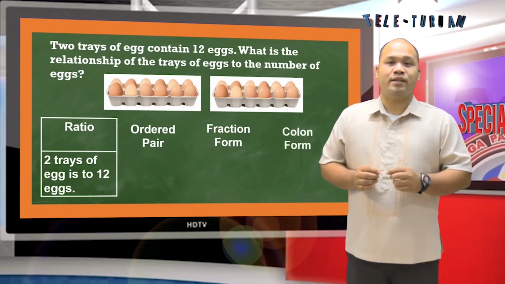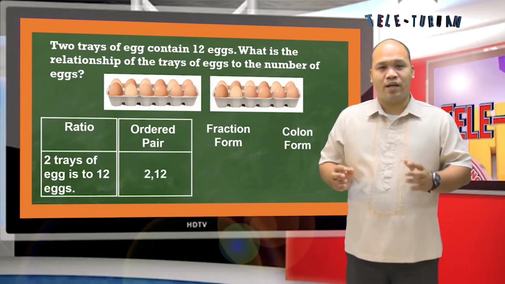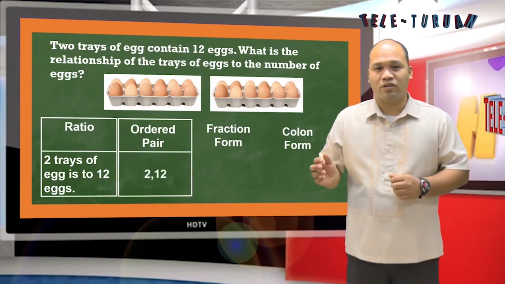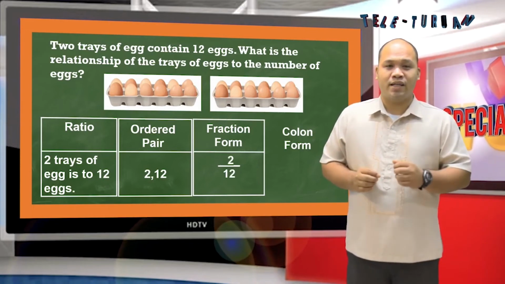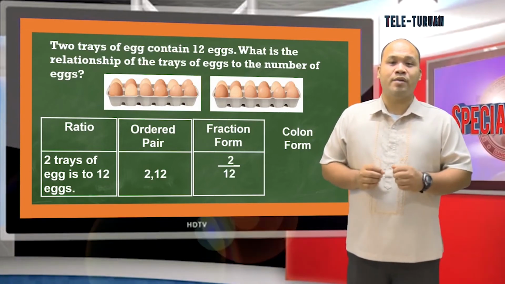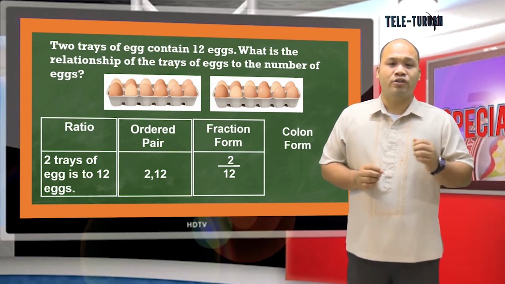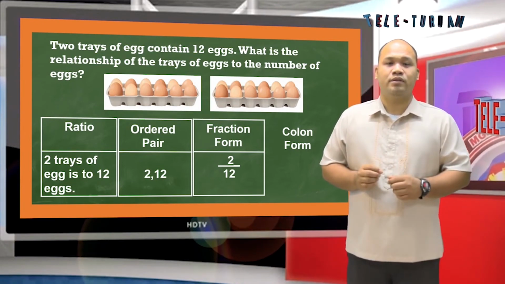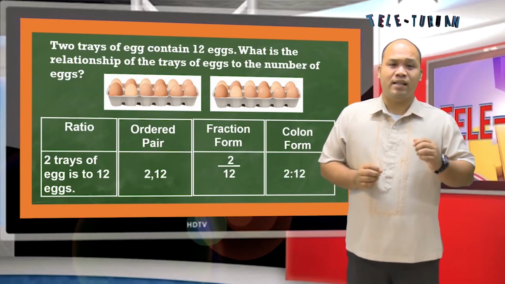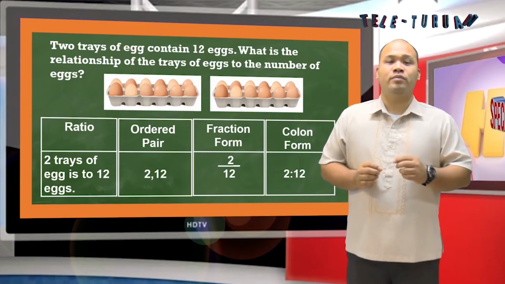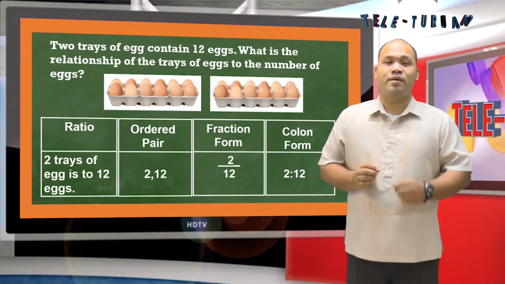If you will write it in ordered pair, it will be 2 and 12. In fraction, 2 is the numerator, which is the number of trays, and 12 is the denominator, which is the number of eggs, or 2 over 12. If we write it in a column form, we write it as 2 colon 12, which is read as 2 is to 12.